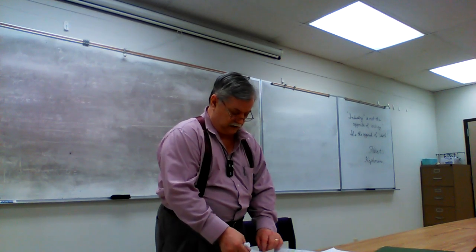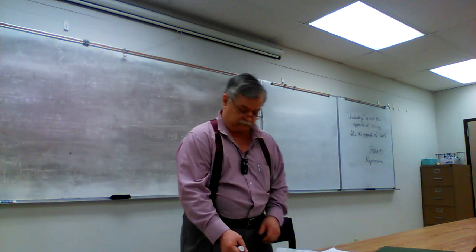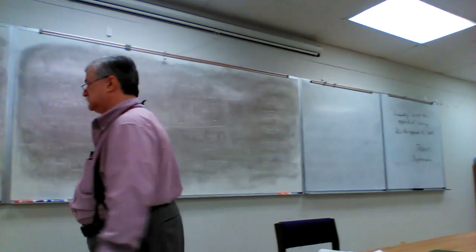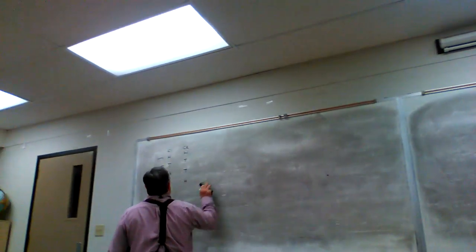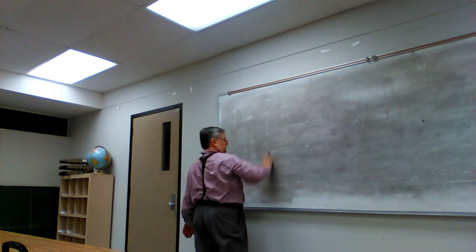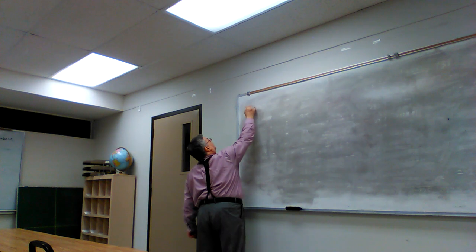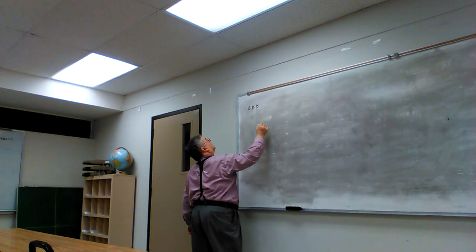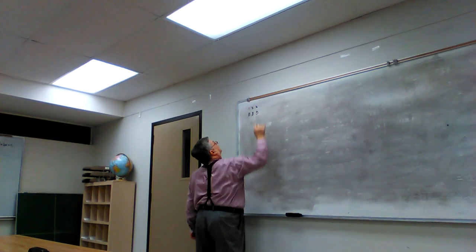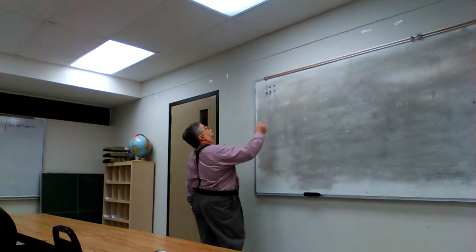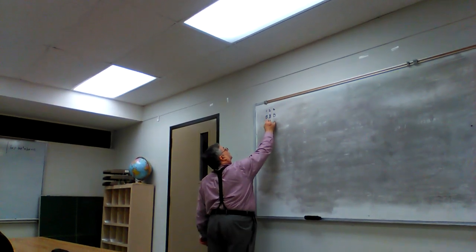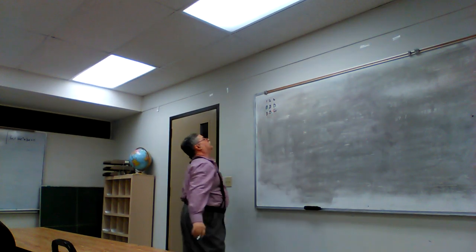Now let's look at one that gets a little more complicated. Find the sample space for the gender of the children if a family has 3 children. Well, it's possible that all 3 kids will be boys. Child 1, child 2, and child 3. It's possible that the first 2 will be boys, and the third one will be a girl.